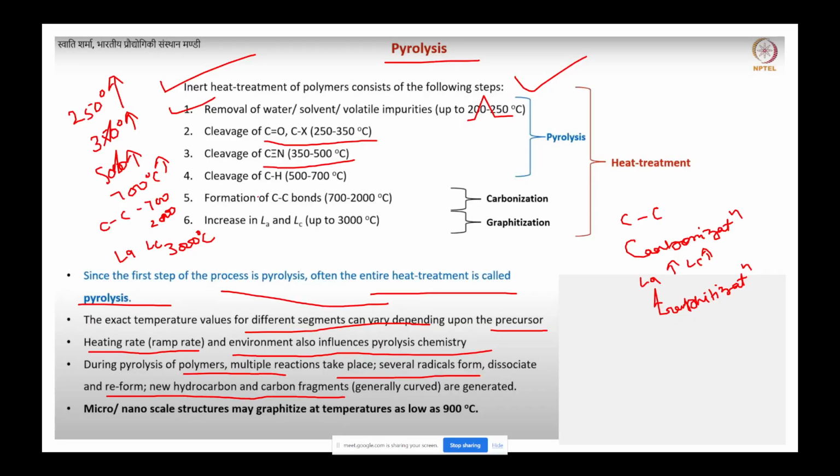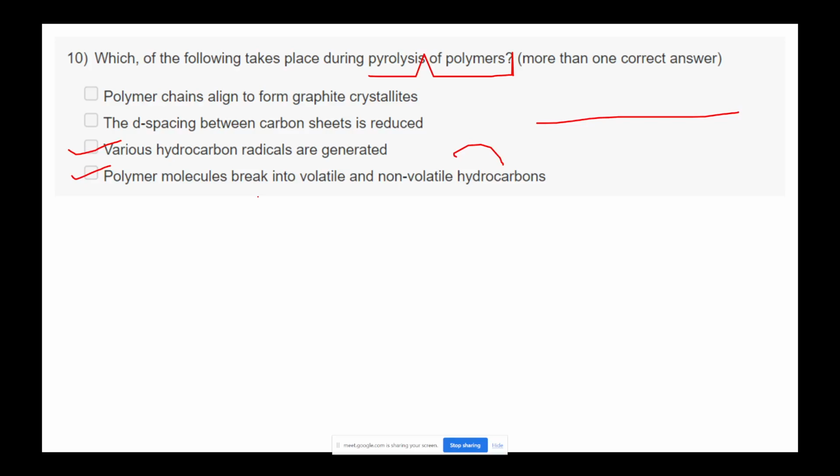The answer is that various hydrocarbon radicals are generated and polymer molecules break into volatile and non-volatile hydrocarbons, at around 250 degrees centigrade, and the radicals are forming. Okay, so this is mainly the pyrolysis of a polymer. So the answer is the last two.